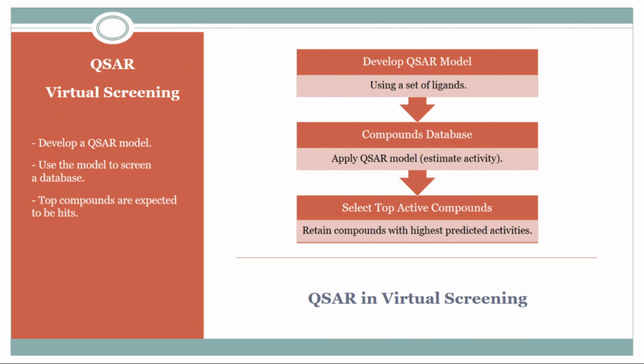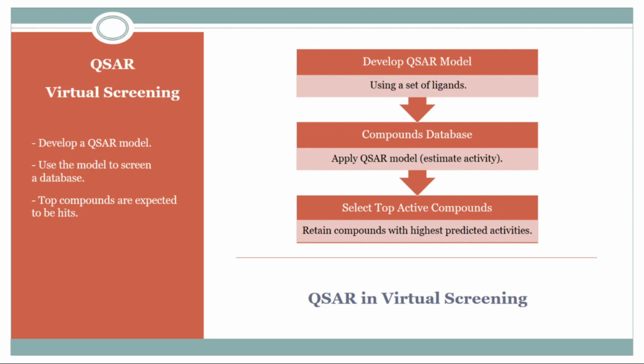So for example, in virtual screening, QSAR is used by first developing a QSAR model on a certain target by using a set of ligands that are active against that target. For example, we just saw a model for predicting the activities towards serum albumin.